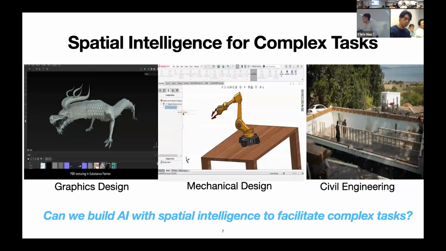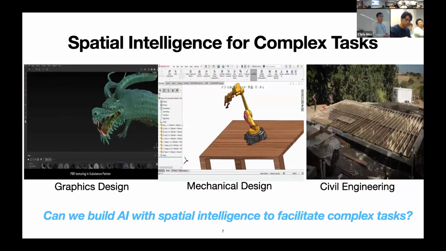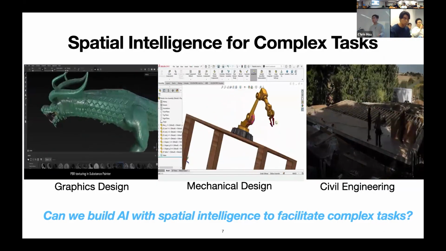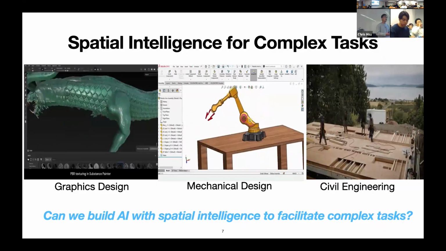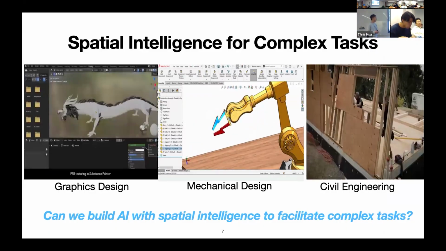And not only in graphics editing, but also in other applications in science and engineering, including mechanical design and even building real-world objects like civil engineering, the ability to understand and synthesize 3D shapes is very essential.